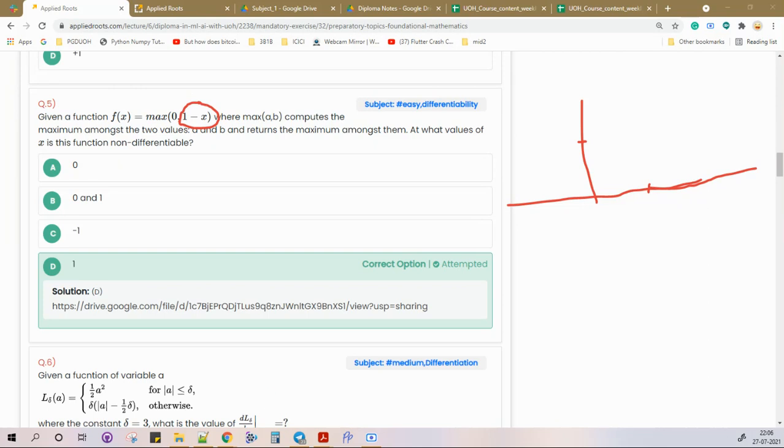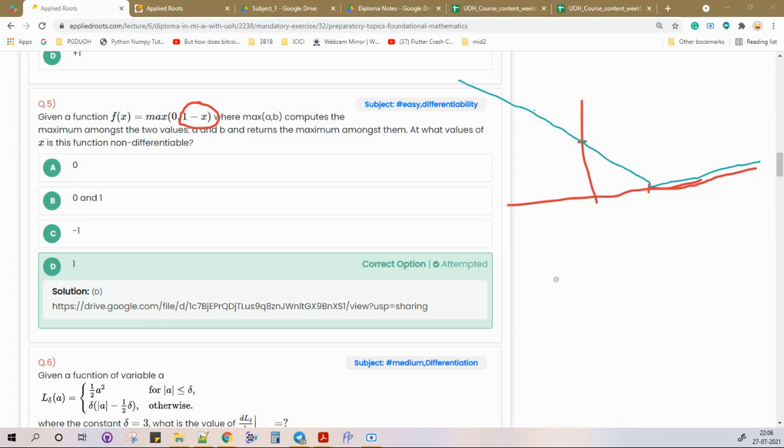When I take x equal to minus 1, then what will happen? 1 minus minus 1 would be plus 2. So I will get 2. So it will look something like this. Hinge loss, right? Basically, we have the maximum of 0 and 1 minus zeta.